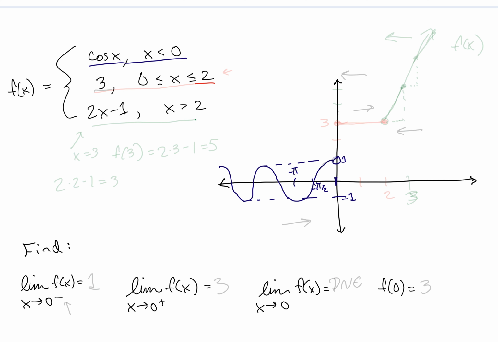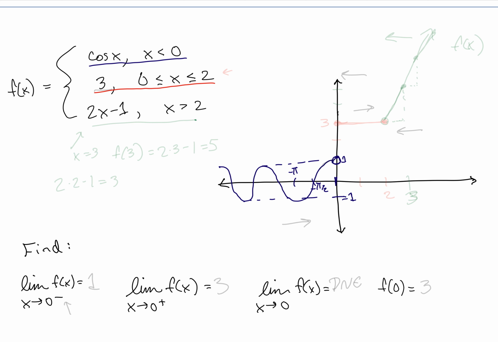So that's what cosine of x looks like, and that's what the function value is equal to for x strictly less than 0. And so we have an open circle here because the function value is not defined as cosine of 0 at that point. The value for f of 0 is defined by the next part of the function. It's just defined as 3 for the next piece.